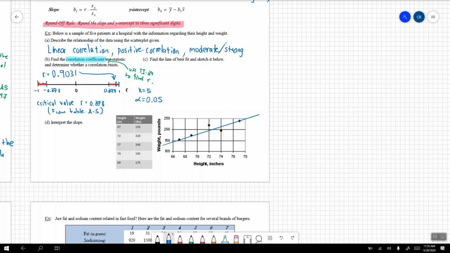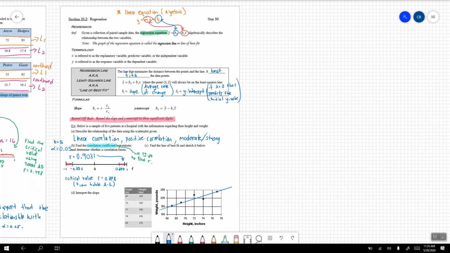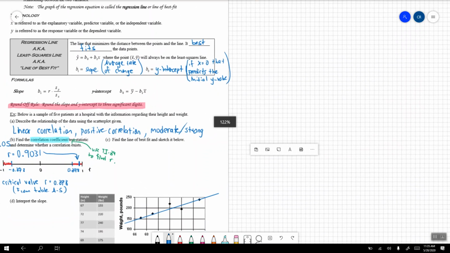Alright, so what I'm going to do is summarize that here. Let's see what I can do here. I'm actually going to move this. Let's move this over here. There we are. And then I'm just going to summarize here.